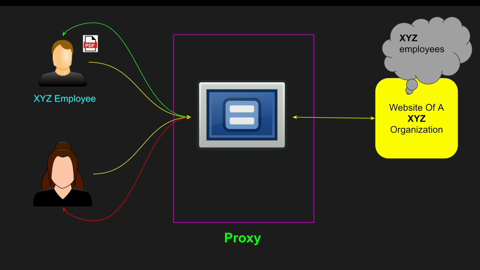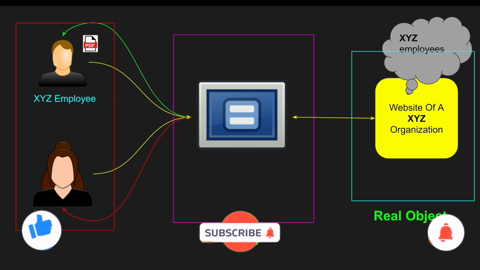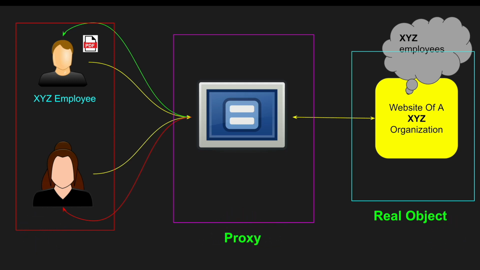Here, this login screen with username and password is treated as a proxy, and the website of the XYZ organization is treated as the real object, and these are the users. So here also users are not directly communicating with the real object. They need to communicate via the proxy. Okay, so this is the basic example. We are going to see this example in practical.